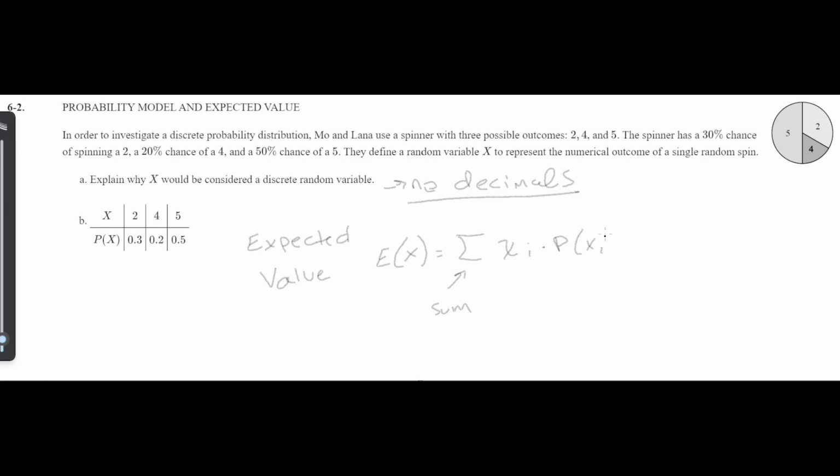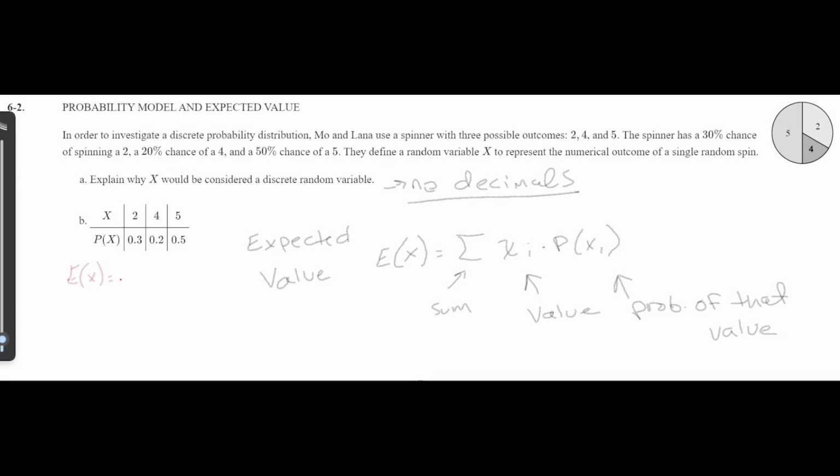Okay, so the expected value is the sum of the values that you get for each of your outcomes. Okay, so that'd be the 2, the 4, the 5, times each probability of getting that outcome. Okay, so not rocket science here.